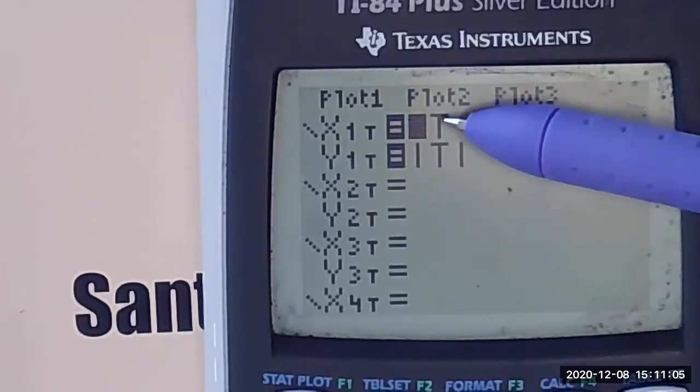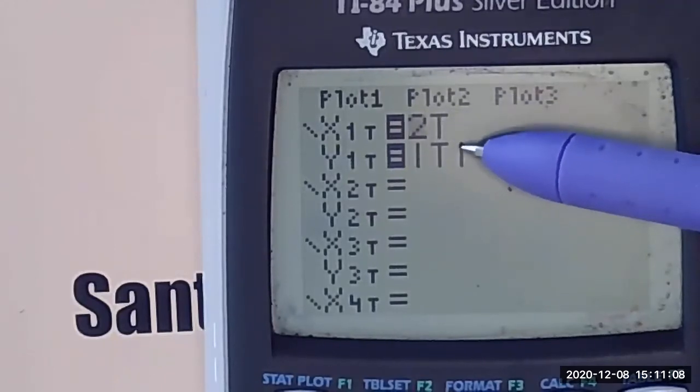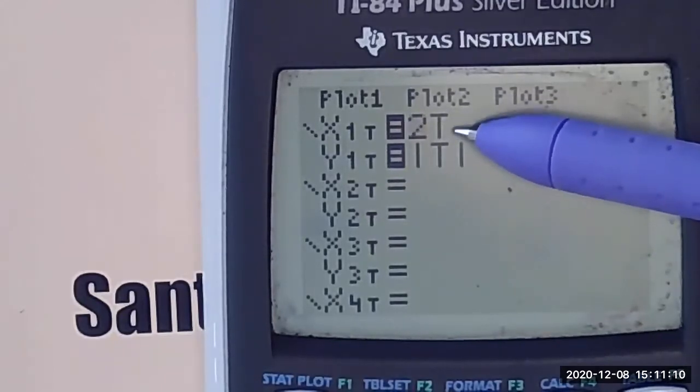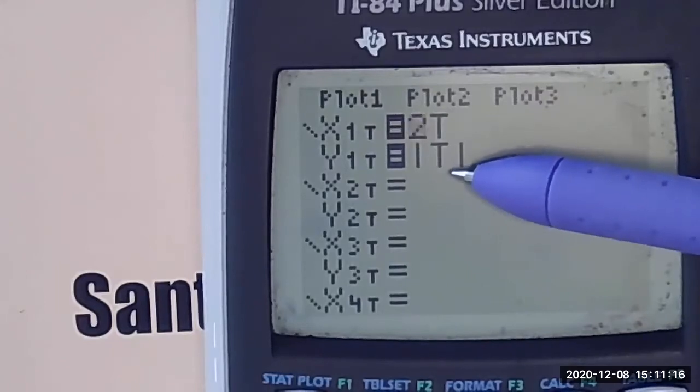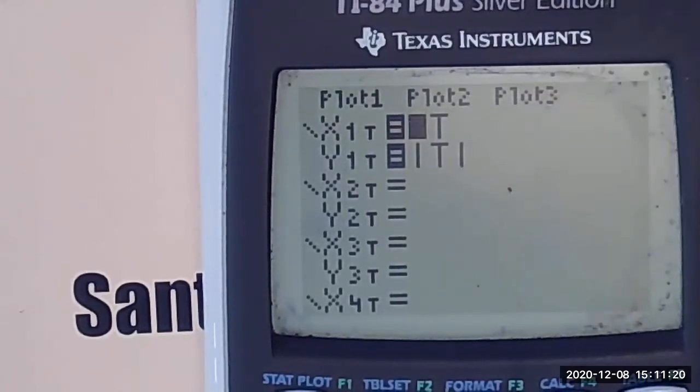If t is 5, this is absolute value, by the way, the x is 10 and the y is the absolute value, 5, so 10, 5. It would plot that.